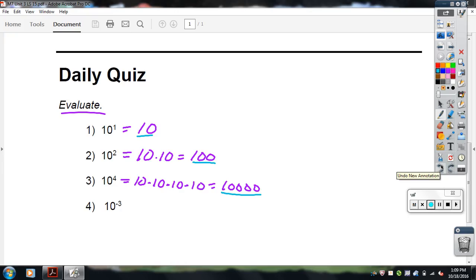Here's what I mean. If I take the number 1, this number 1 says I'm going to move the decimal 1 time. For number 2, I'm going to take the number 1, and this time I'm going to move the decimal 2 times.